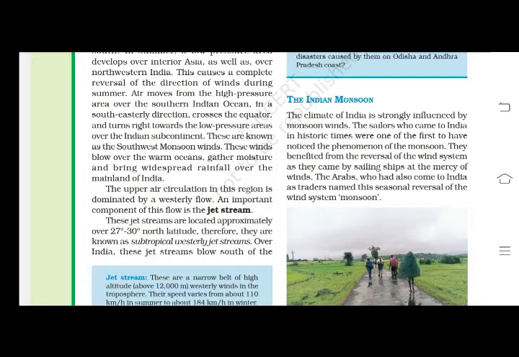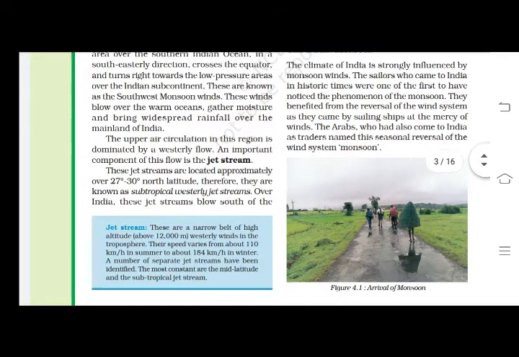Jet streams are narrow belts of high altitude westerly winds in the troposphere. A narrow belt, but of high altitude.